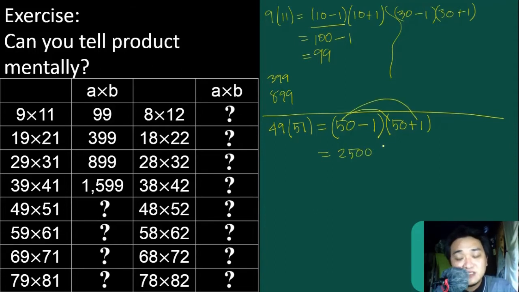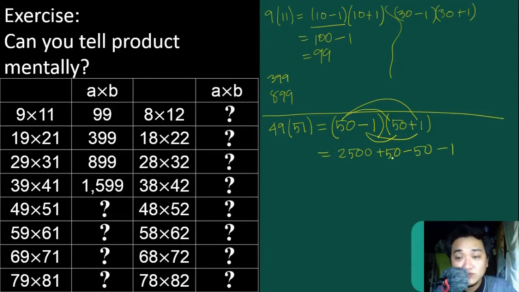Again, 50 times positive 1, that is plus 50, negative 1 times 50, that is negative 50, and negative 1 times positive 1 is negative 1.